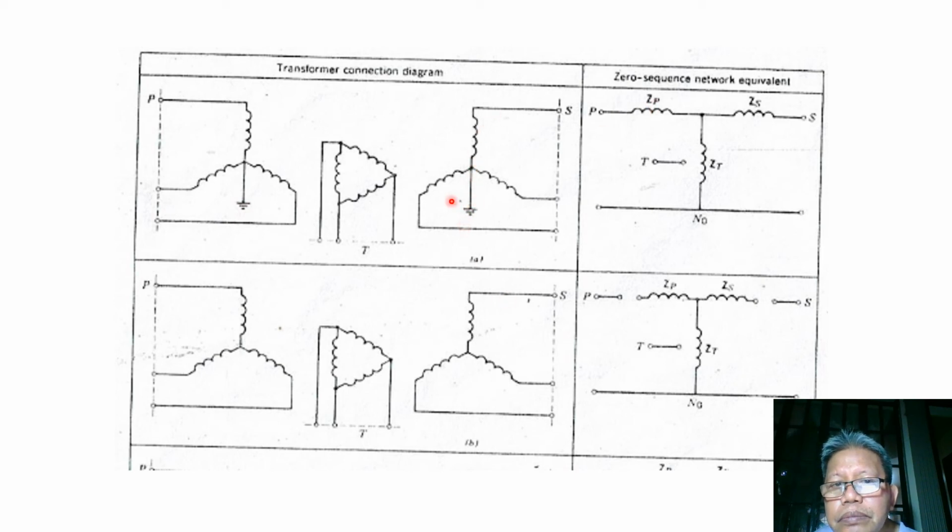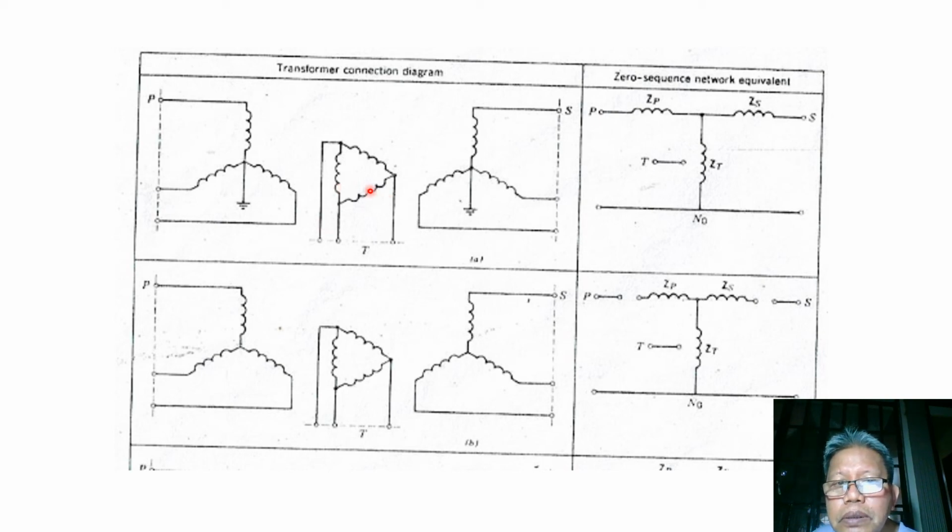So therefore we have this connection now where zero sequence currents can flow, and we just separate the primary impedance as Z sub P and then the secondary impedance as Z sub S. Okay, so zero sequence current can flow from the primary to the secondary.